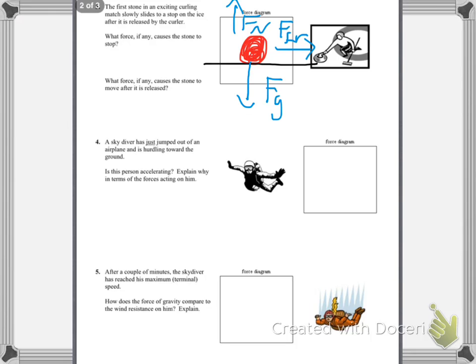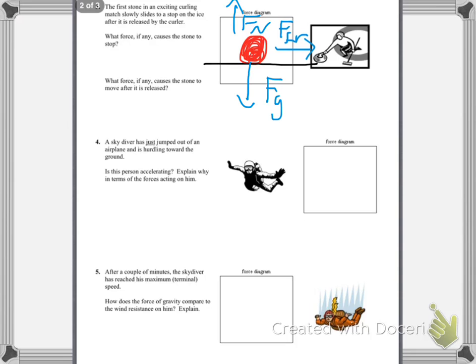Number 4, a skydiver has just jumped out of an airplane and is hurtling towards the ground. So is this person accelerating? Let's draw our force diagrams here. He just jumps out. His or her velocity will be changing as the skydiver is falling downwards.